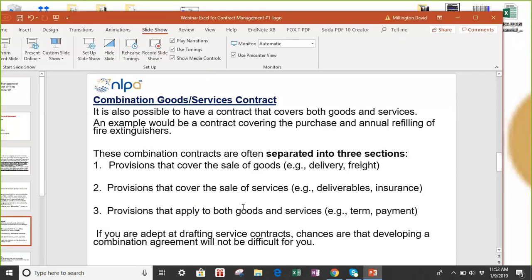So you would have parameters that would govern the actual oven itself, which would be the good, and then the parameters that will govern the service that would come in support of the lifespan of that oven. So this is what you call a combination contract, and these would cover both components.